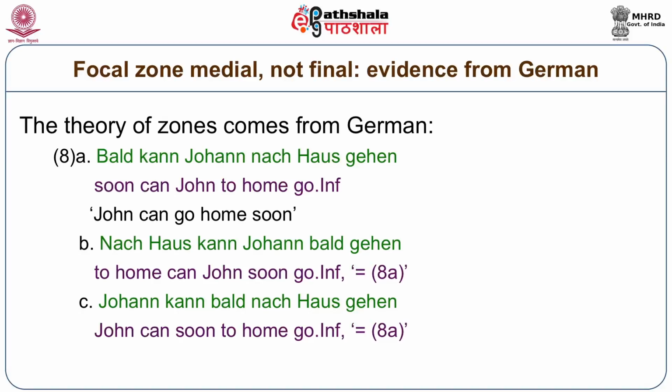In example 7, which is an embedded clause, the topical zone is empty because there is nothing to the left of the complementizer. Embedded clauses work like this. In the examples 8a, b, c, which are root sentences, what occupies the topical zone is either the word soon, or the expression to home, or the word John.